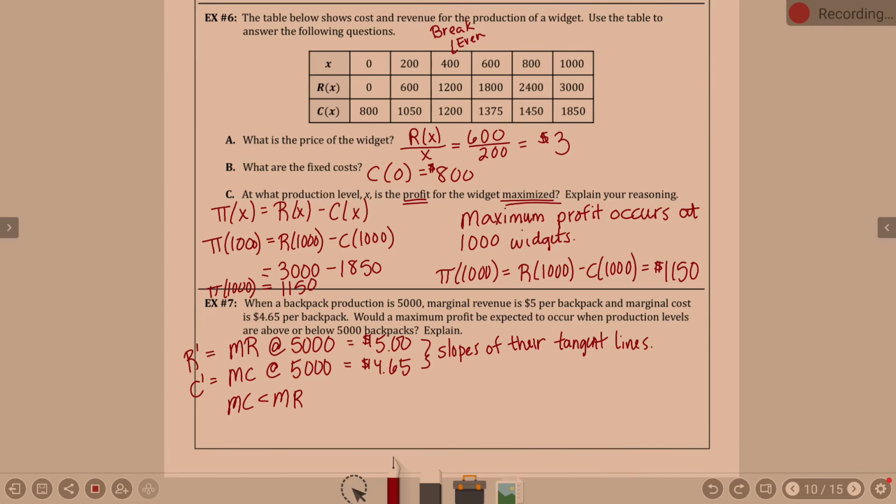Okay, so write down what you want. I'm going to write down a few things to help you along. So because marginal cost is less than marginal revenue, or marginal revenue is more, the company will make more in extra revenue than it will spend in cost.